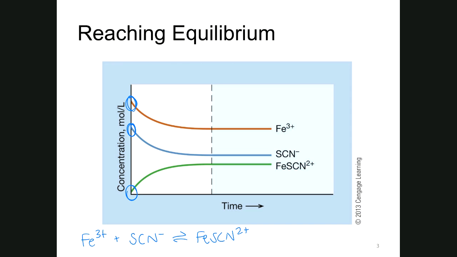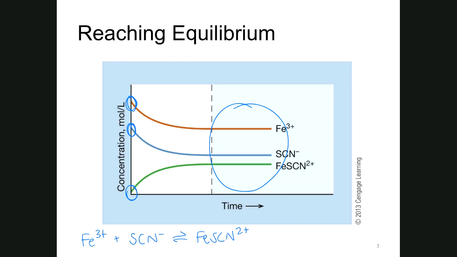But for right now, just get used to the idea that at the very beginning, we know we're going to have a lot of reactant and 0 product, but as the reaction occurs, our amount of product is going to increase and our amount of reactant is going to decrease. You can see that eventually we hit a point where our concentrations stay constant.